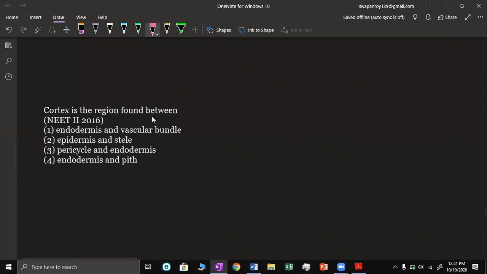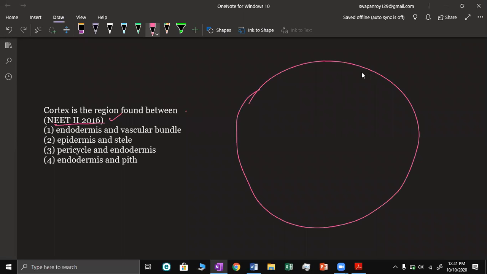Cortex is the region found between... This is the NEET second 2016 question. So what is the portion of the cortex in a stem?